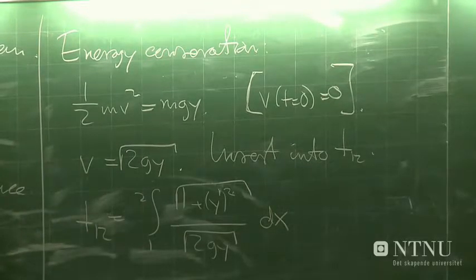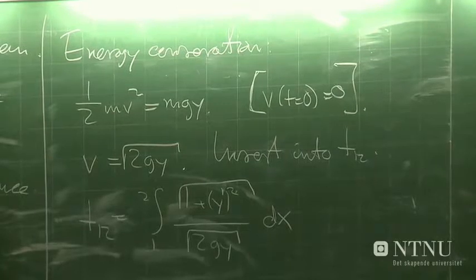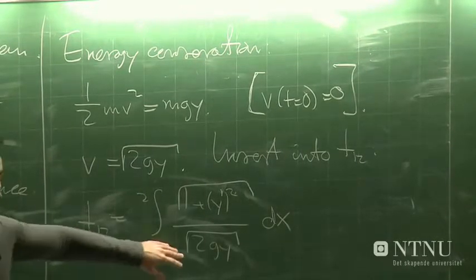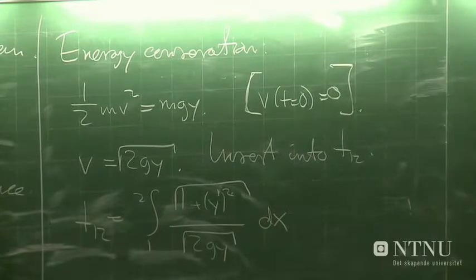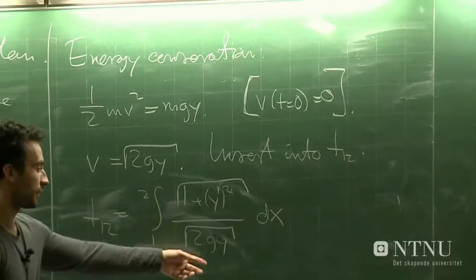Inserting it into the expression for T12, I get this. This is just the rewriting of ds, similarly to what I did in the previous example. And this is the velocity.